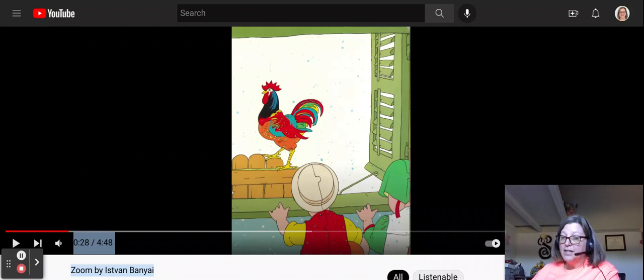Now remember, our inferences were that the rooster might be on a farm or might not be on a farm. That was our first inference because of the background, right? So I'm going to put my proof on there because of the background.